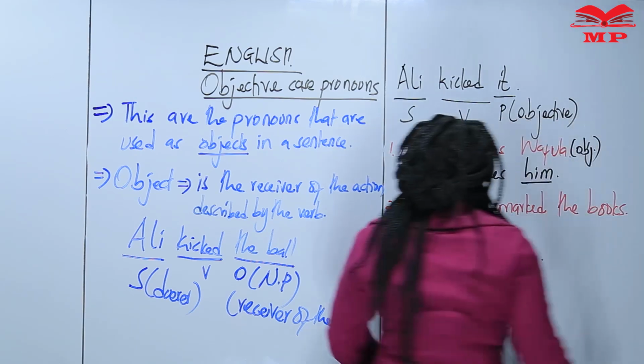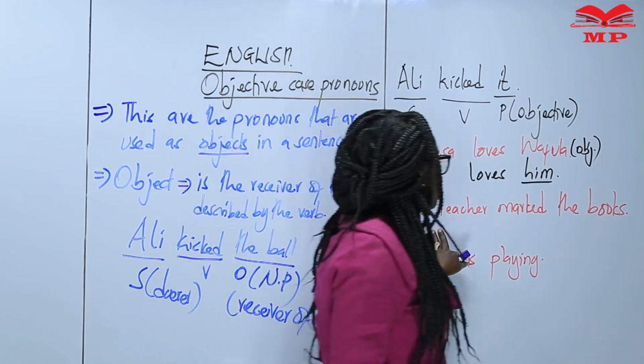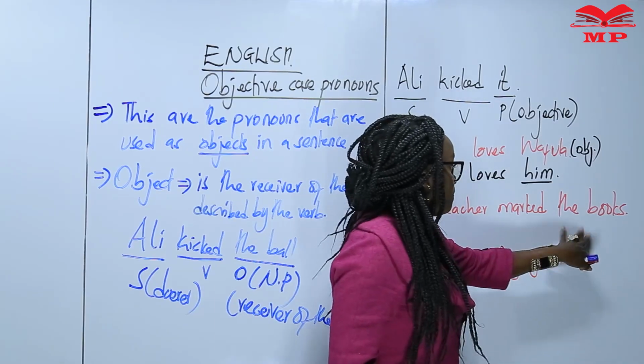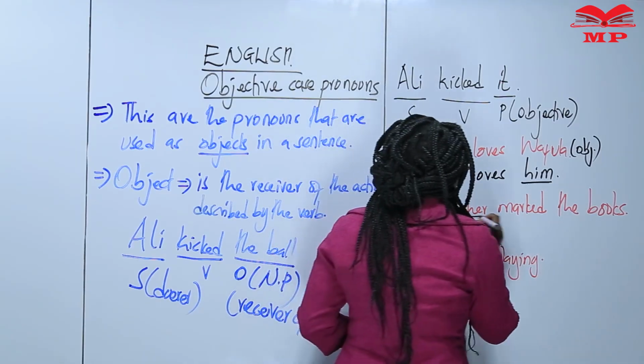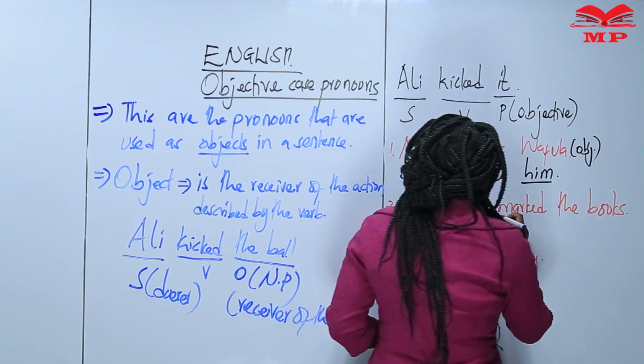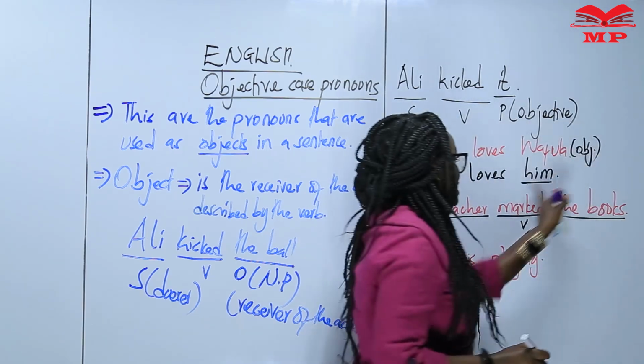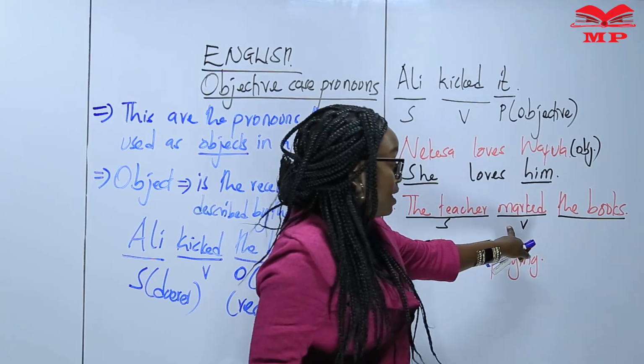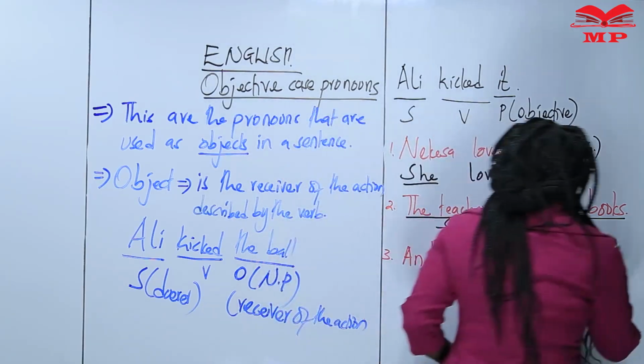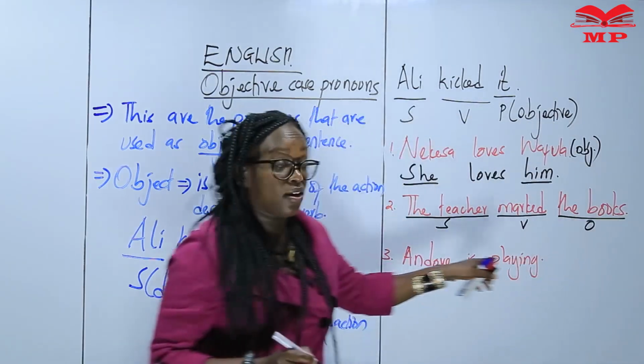Then let's go to this sentence here. The teacher marked the books. We have the teacher being the subject in that sentence. Then we have marked being the verb. And then the books, of course, are the receiver of the action here, which is marking. They're the ones that were marked. So the books in this case are actually the object.